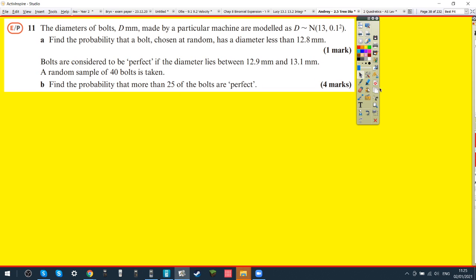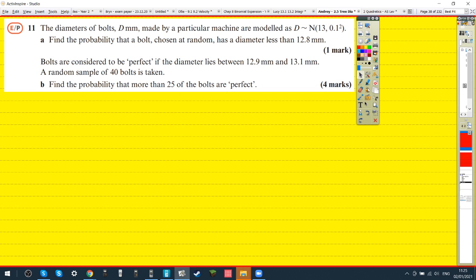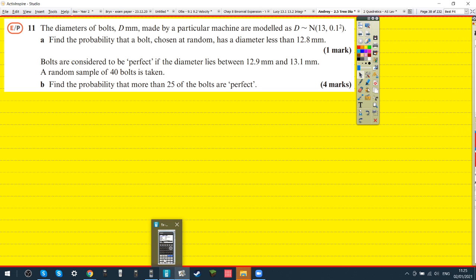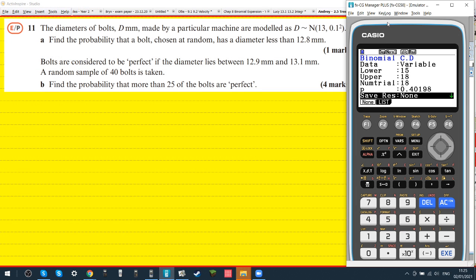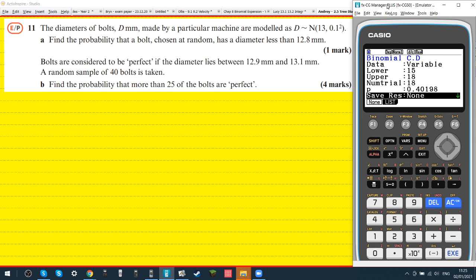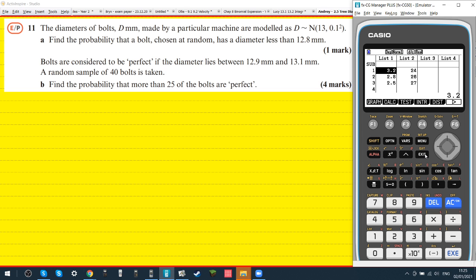Okay, so this is going to be binomial normal distribution. No, sorry, normal cumulative distribution.